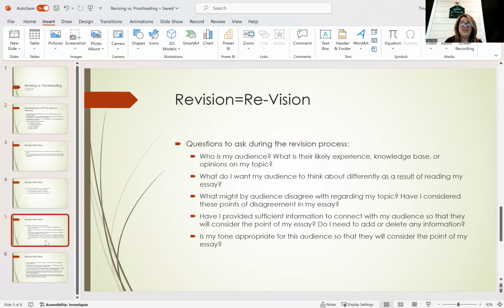Have you provided sufficient information to connect with your audience so that they will consider your point of view? Have you connected with them? Do they understand what we would call your ethos, or your credibility? Do you need to add or delete any information in order to connect with your audience?